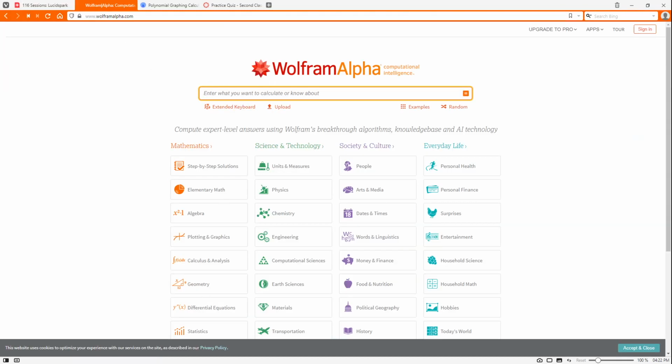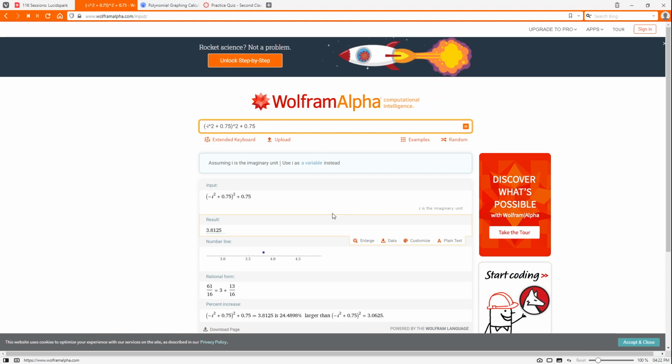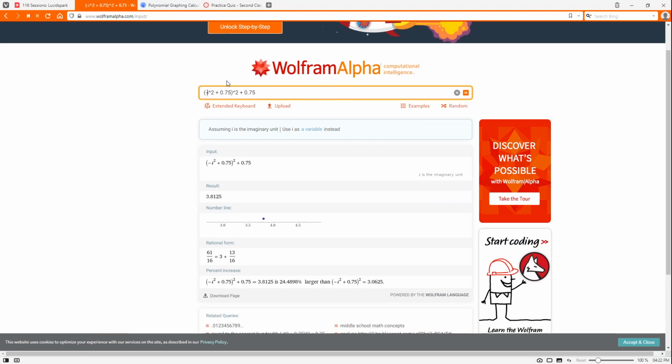This is a bit more useful in some situations than others. I have it written down, so I have to write it all out. There we go. So negative i squared plus 0.75, squared plus 0.75 is our z2. Put it through, and the answer. Wait, I think I missed a bracket.